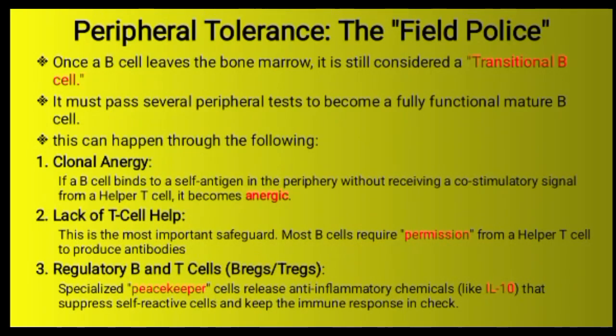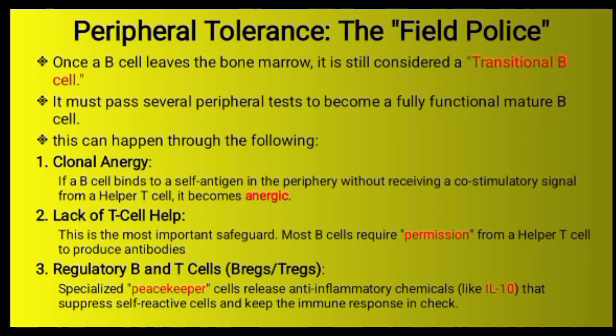Then peripheral tolerance. Now, nothing is perfect. Even though there is sorting to make sure that all the antibodies produced in the bone marrow enter into peripheral blood circulation without any problem, there is still a probability that some of them can bind to self antigen but escape the bone marrow and enter into peripheral blood circulation.